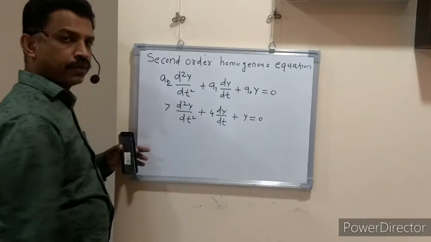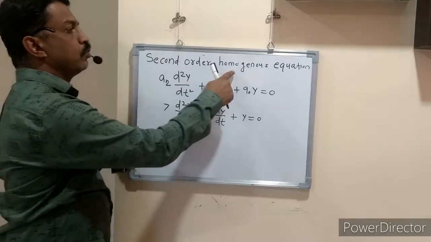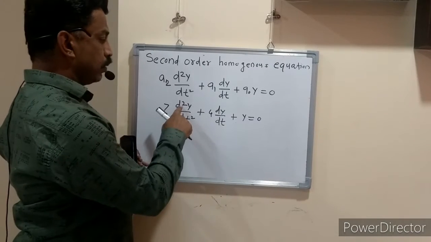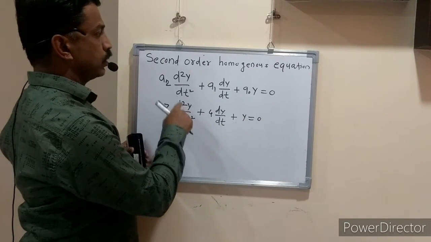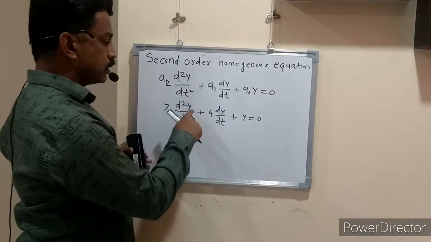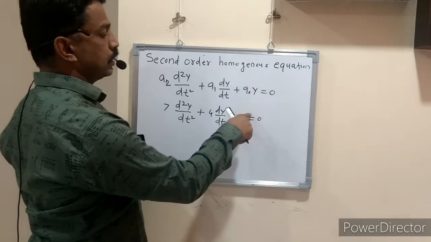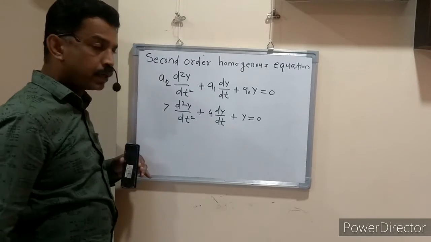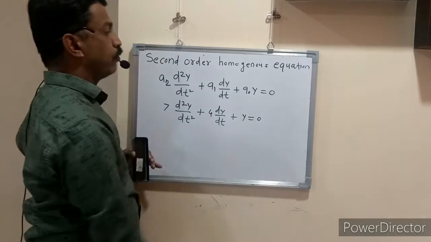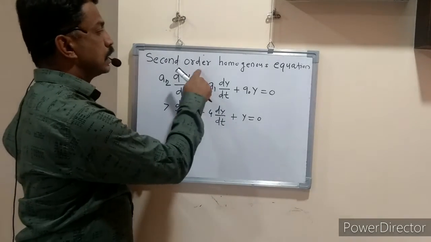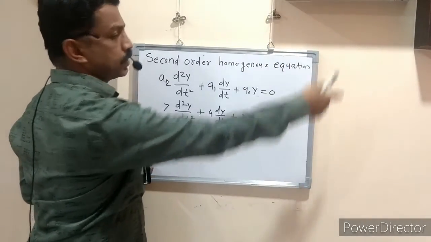Such type of equation is known as second order homogeneous equation. Why second order? Because the highest derivative is 2. Here y is present, the dependent term, here y is present, here also y is present. Therefore such type of equation is known as second order homogeneous equation.